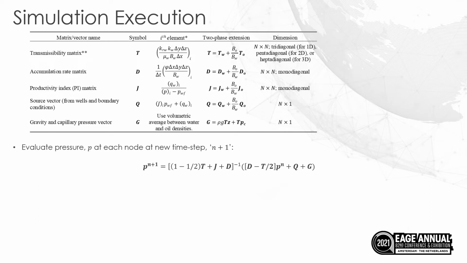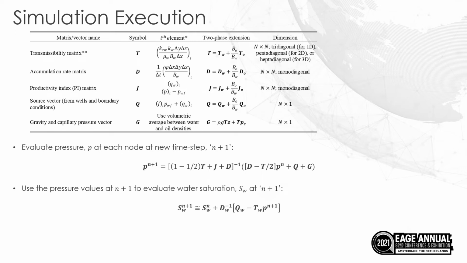Then we use the values of the pressure at time step n+1 to calculate the water saturation for that particular time step, also n+1, and we are using the values of the water saturation in the previous time step. We can do the same for oil saturation, no big deal.